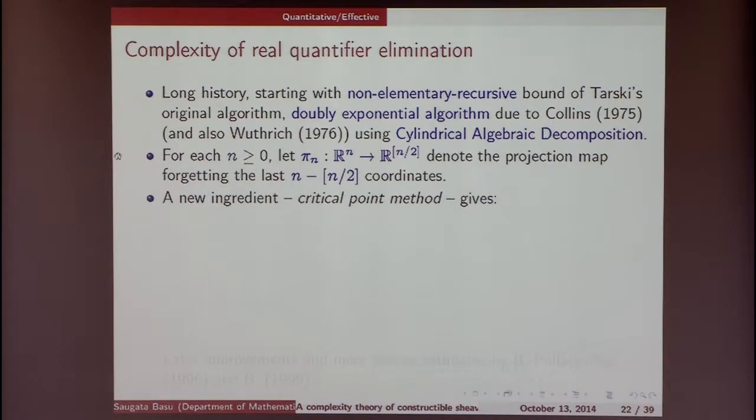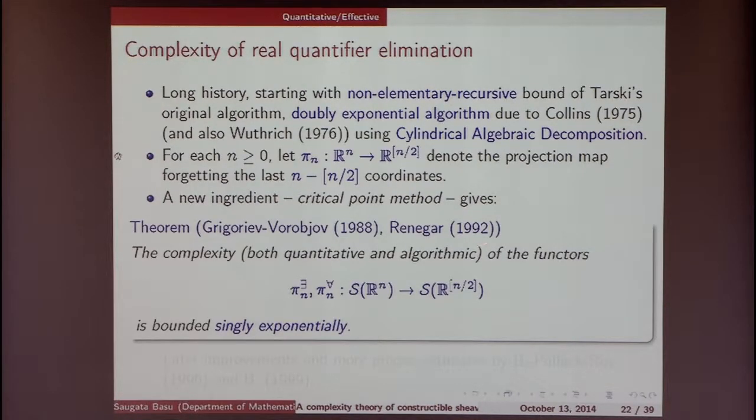So let's fix this notation pi n. It was proved by Renegar in 92 that the complexity, both quantitative and algorithmic, of the functors, and maybe that's the reason why I put the exist and for all in the superscript, n, which take semi-algebraic subsets of Rn to semi-algebraic subsets of Rn over 2, is bounded singly exponentially.